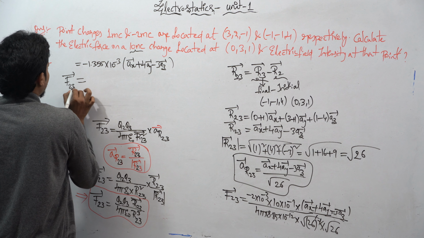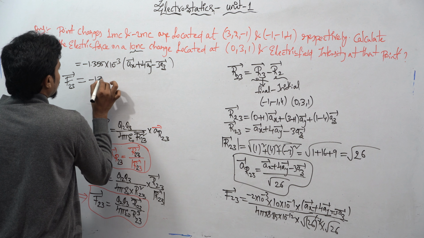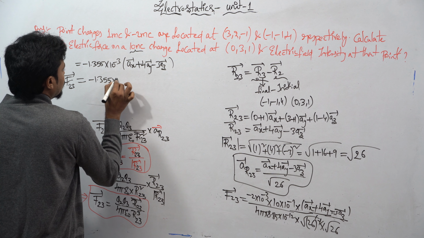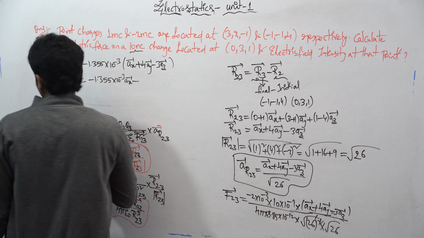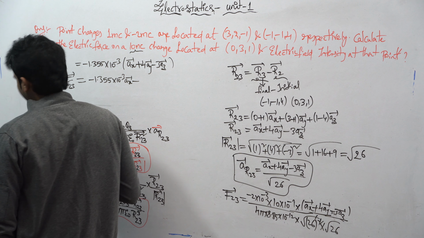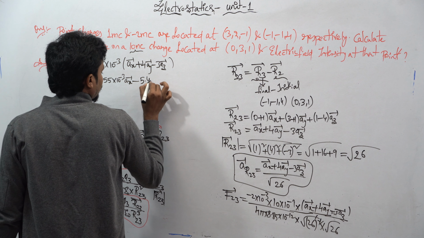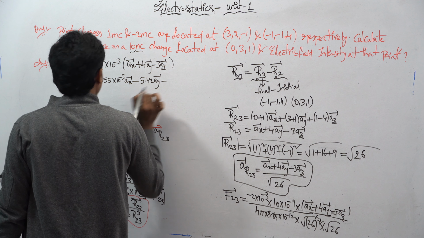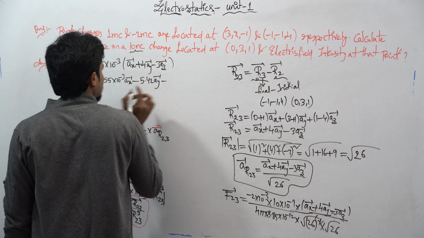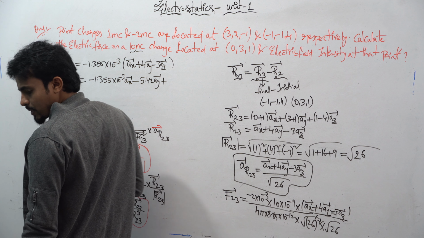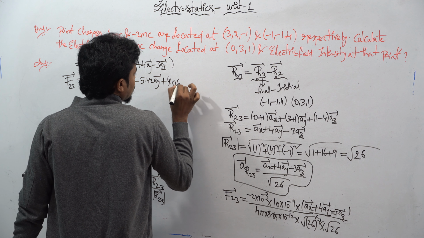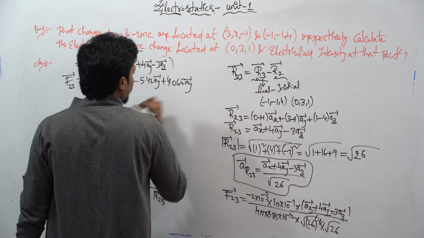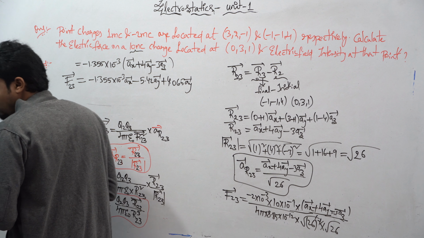So this is the F23 bar: minus 1.355 into 10 to the power of minus 3 ax bar minus 5.42 ay bar, plus, minus into minus will become plus, 4.065 ay bar. Okay, this is your answer.